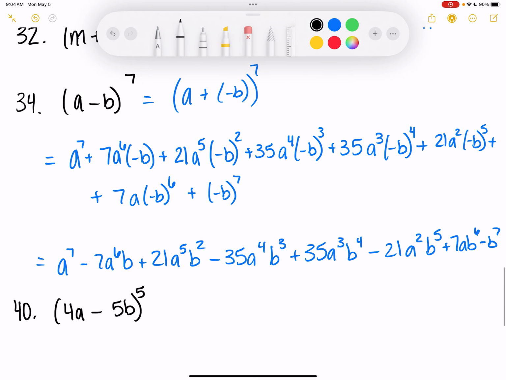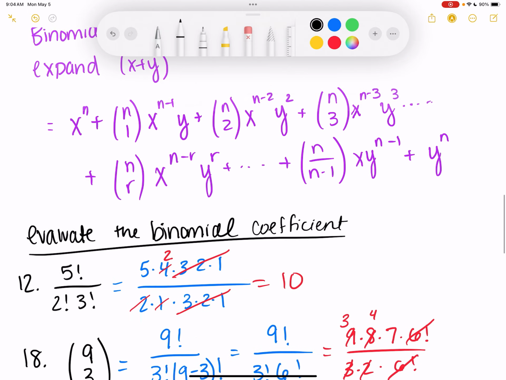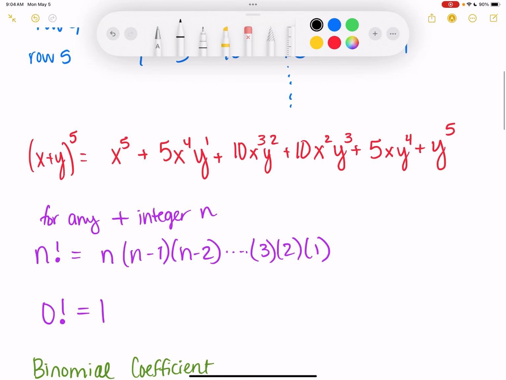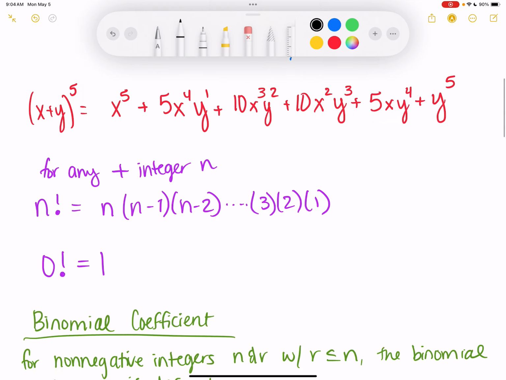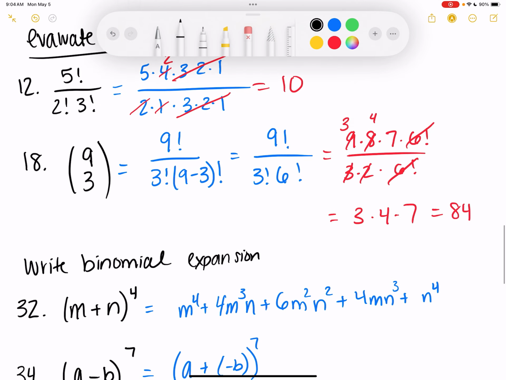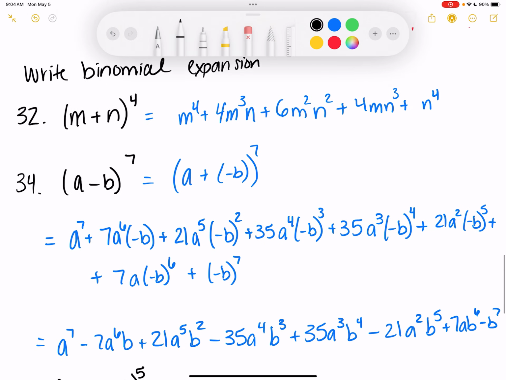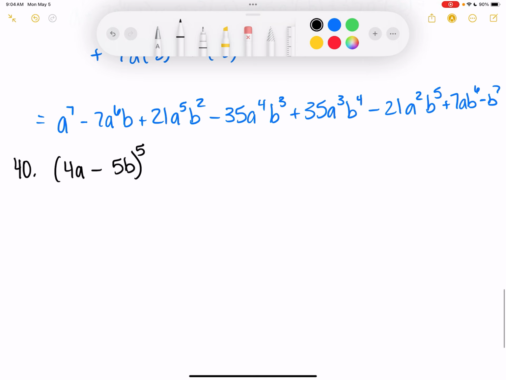Okay, now we've already written out the fifth row, so for the sake of time, I'm just going to look up here. The numbers are going to be my 1, 5, 10, 10, 5, 1. The last row that I've written out here, row 5, because this is to the fifth power. So this is entirely a first term, and then this is the second term.